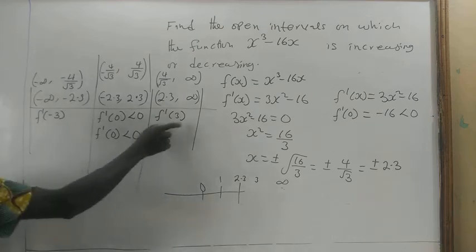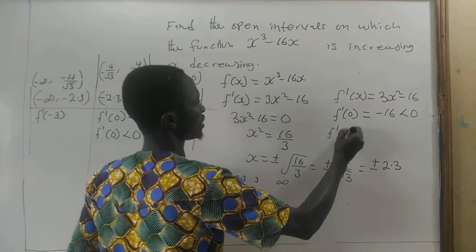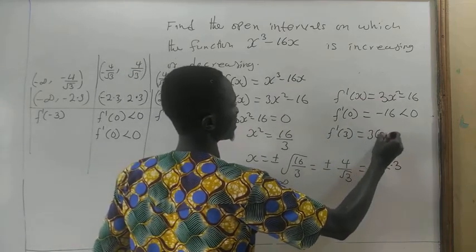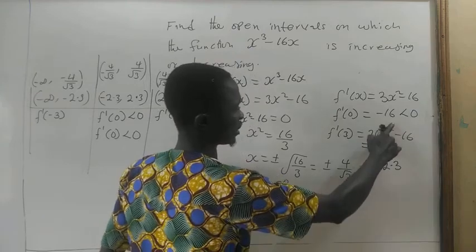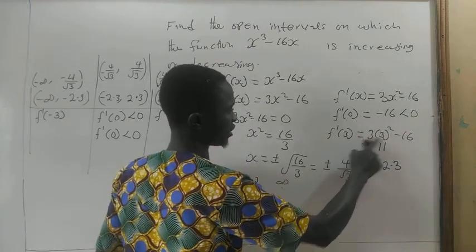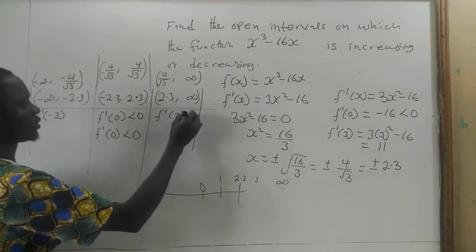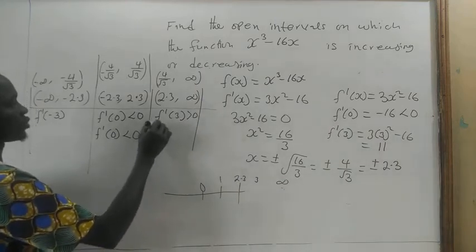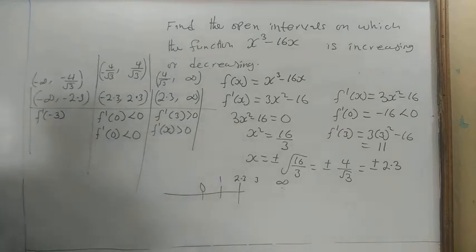Now, let me check this one. If I take f prime of positive 3, it will be 3 times 3 squared minus 16. That will give me positive 11. 3 squared is 9 times 3 is 27, minus 16 is positive 11. So here, this one will be greater than 0. So any value there will also be greater than 0.